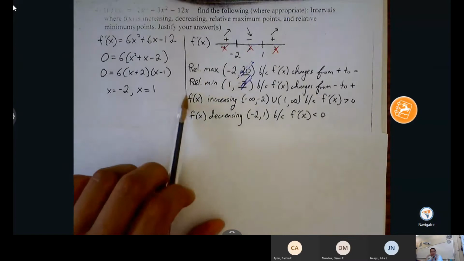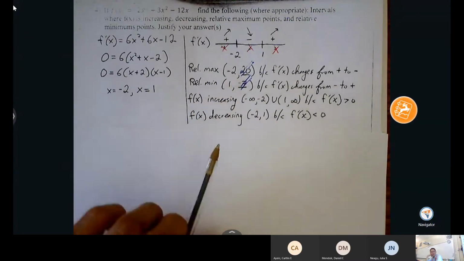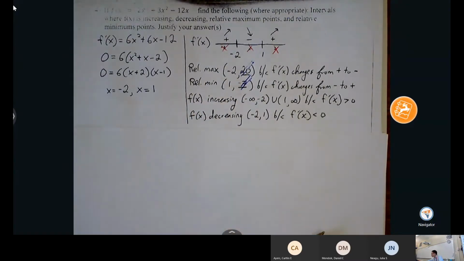Okay, how are we doing? Are we okay with first derivative test? You said it was okay if we just leave it at the parentheses with just the x value, correct?